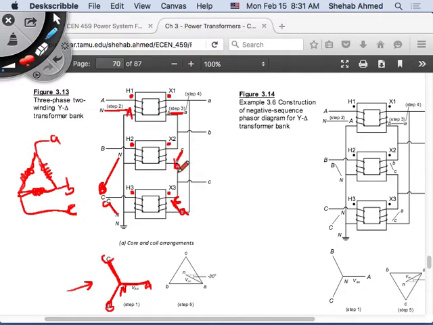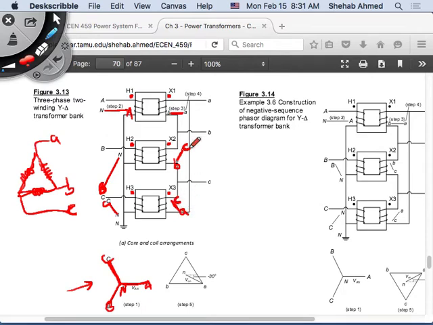Same thing with this. This phase voltage is between what? Terminal B and terminal C. So I put B here already, then what I have here is C. This side here, I have what?